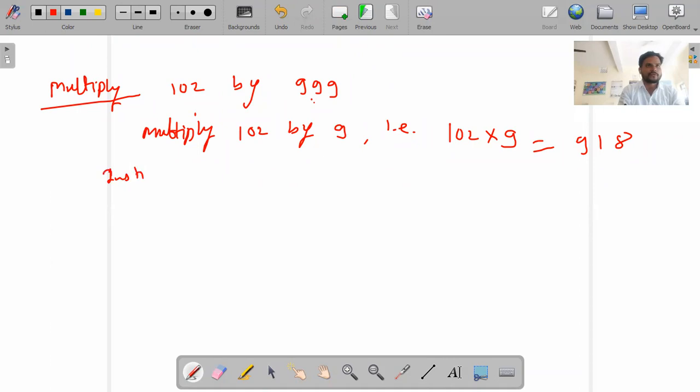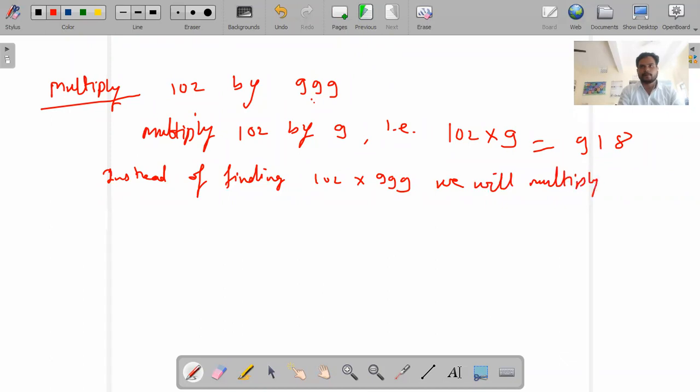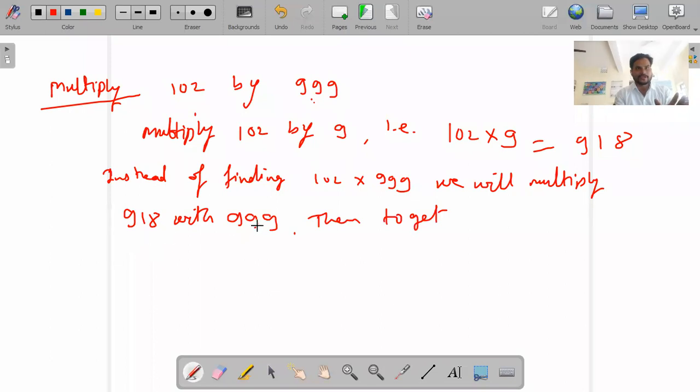So instead of 102 into 999, we will multiply this 918 with 999, and then to get the final answer, I have to divide this multiplication of these two numbers by 9.